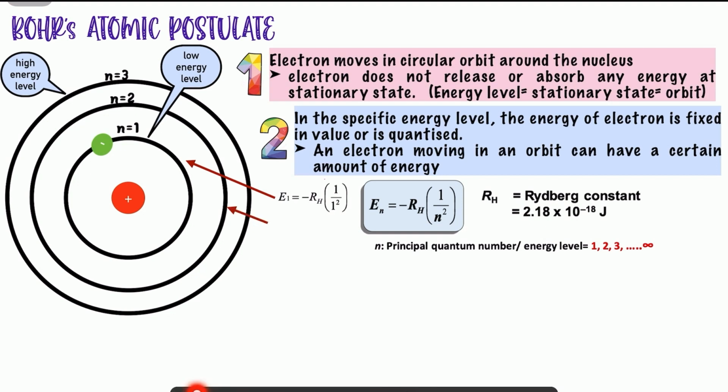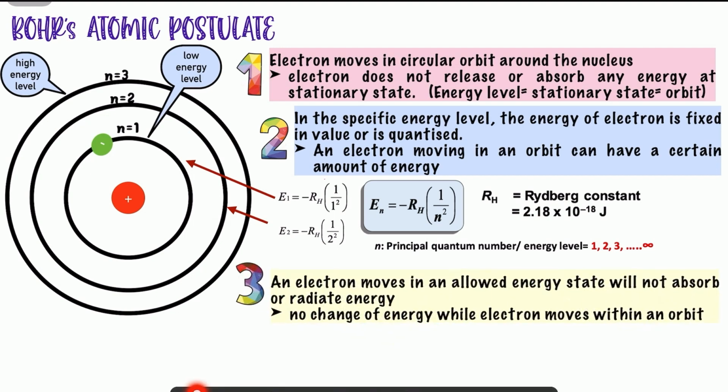For the electron at n equal to 2, you must write E2 equal to negative RH in bracket 1 over 2 square. So this is the calculation for the electron at n equal to 2. So the energy of the electron when it is at n equal to 2 is different from when the electron is at n equal to 1.